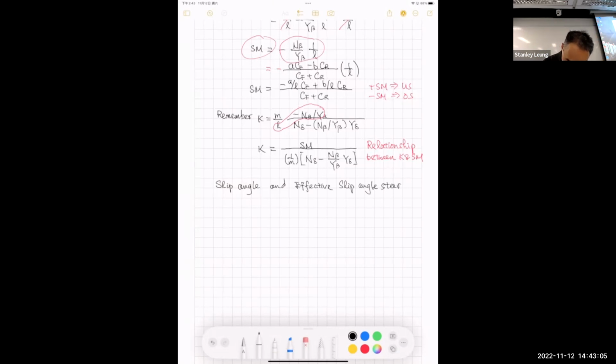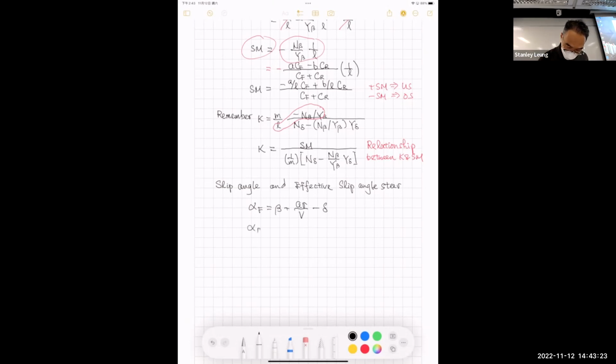So in the past, that's just a review. Your front slip angle is delta plus a r over V minus beta.